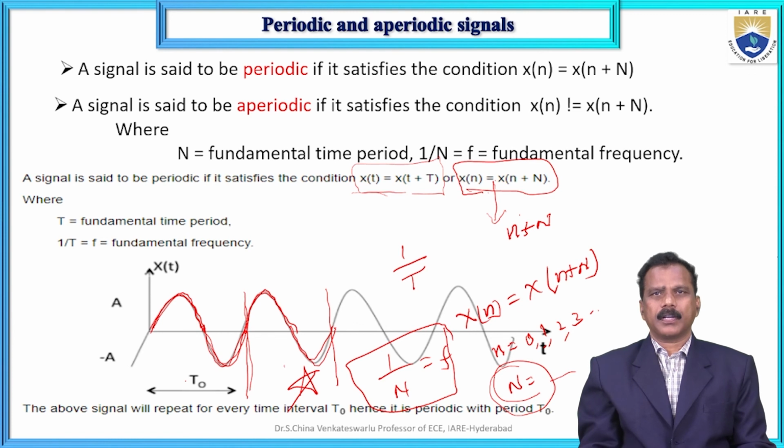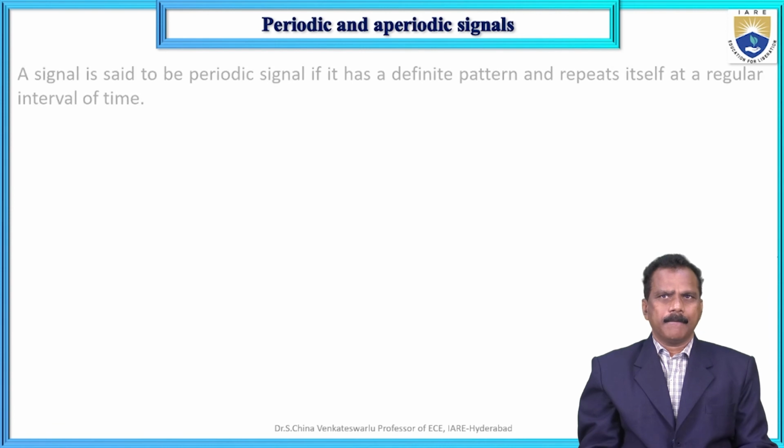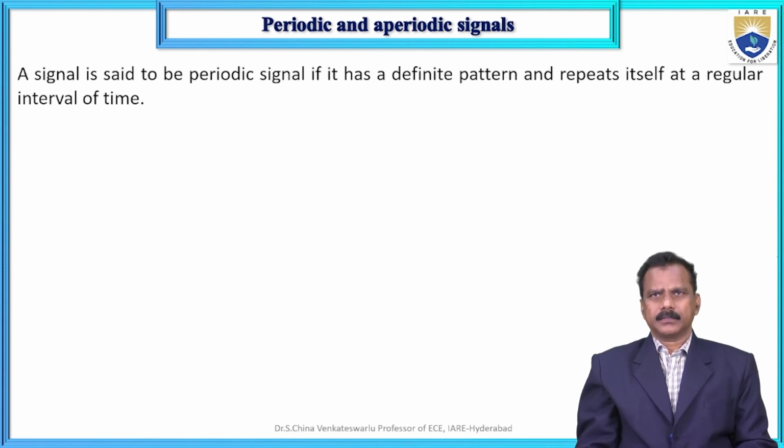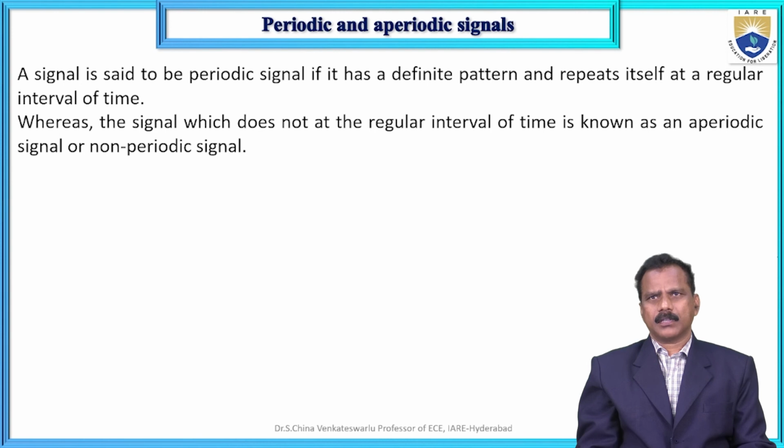The signal is said to be periodic if it satisfies the condition x of t is equal to x of t plus capital T, or x of n is equal to x of n plus capital N. A signal is said to be periodic if it has a definite pattern and repeats itself at a regular interval of time, whereas a signal which does not have a regular interval of time is known as an aperiodic or non-periodic signal.